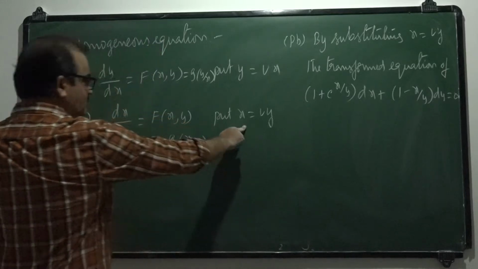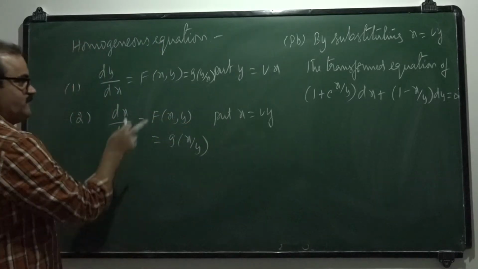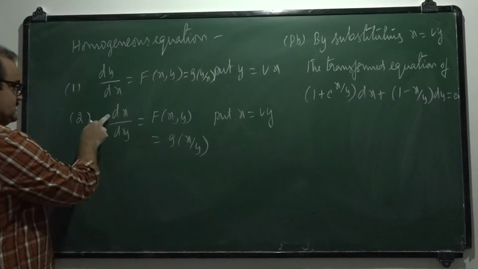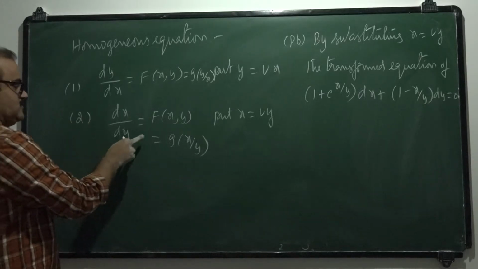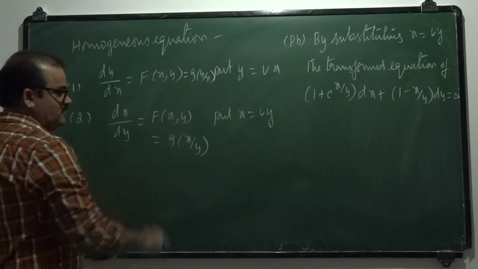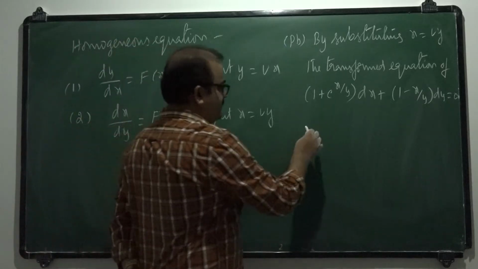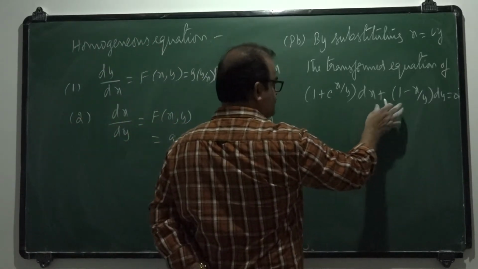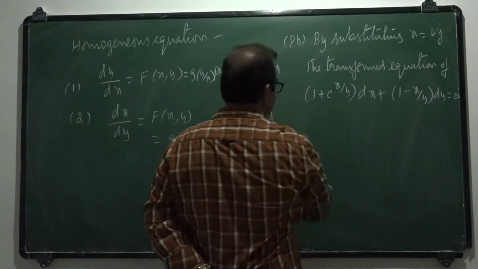Okay, when this substitution is applied, if the given equation is in the form of dx by dy is equal to some function in terms of x by y, we convert this equation into this form.